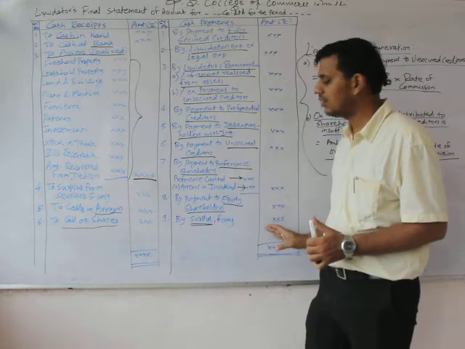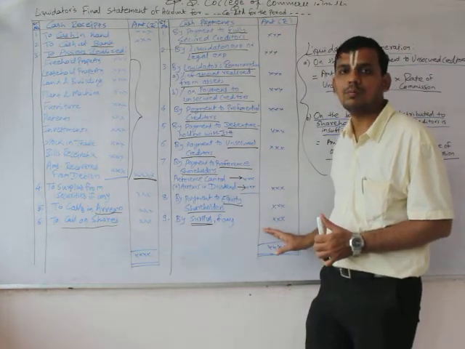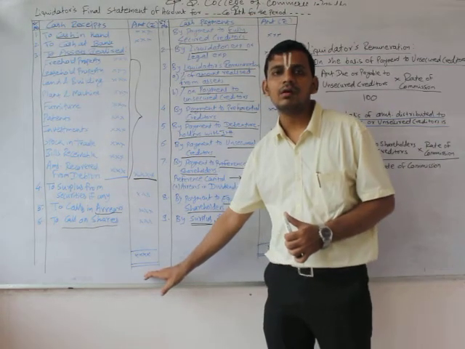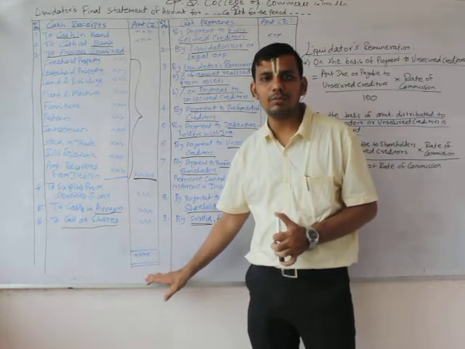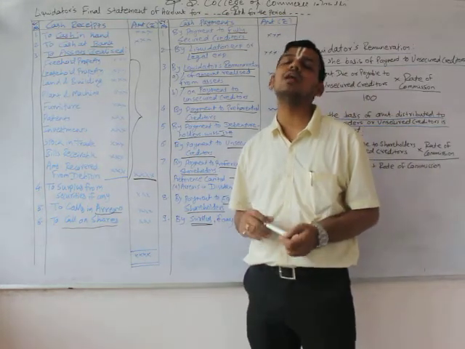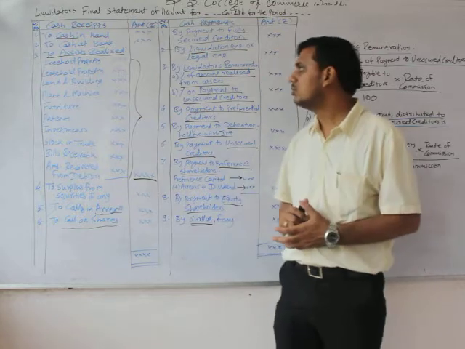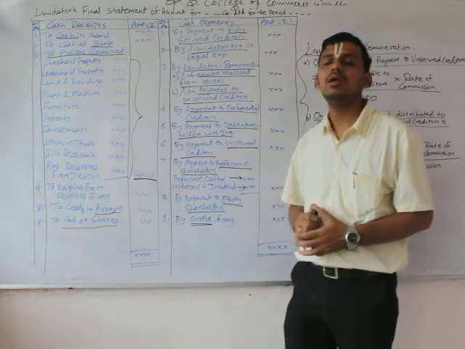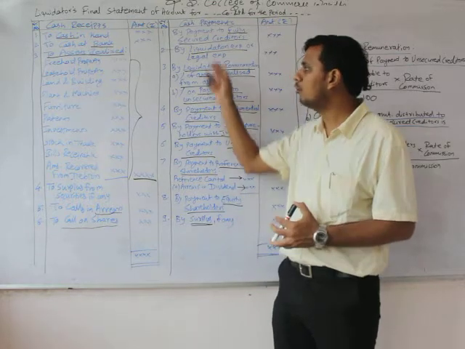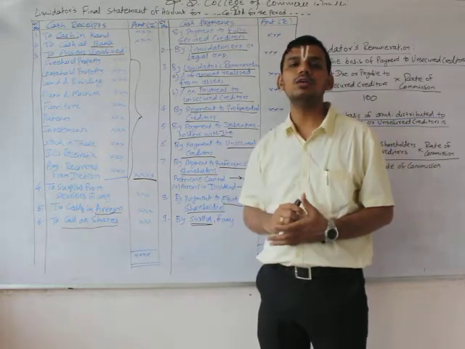Once all these things are recorded properly as per the adjustments provided in the question, we have to make the total of the liquidator's final statement of account, and that total should automatically tally, as it is tallied into the balance sheet. This is the format of the liquidator's final statement of account. Usually we need to follow the sequence which is mentioned in the format.